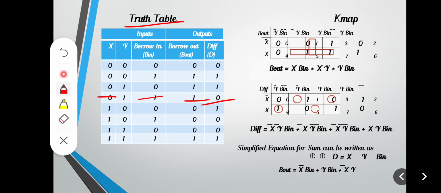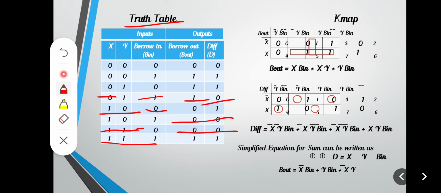Similarly in the next case 1 minus 0 is equal to 1, then 1 minus 0 is equal to 1. In the sixth row 1 minus 0 is equal to 1, then 1 minus 1 is equal to 0. Both difference and borrow output are 0. In the next, 1 minus 1 is equal to 0 while this 0 minus 0 is equal to 0. The difference and borrow output are 0.